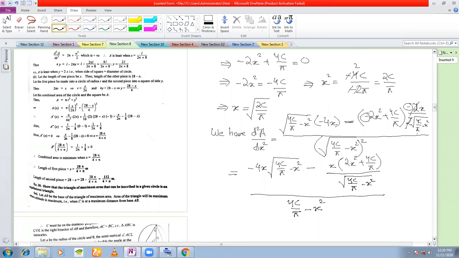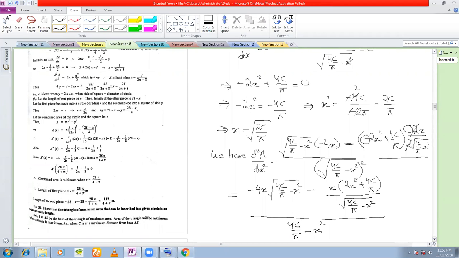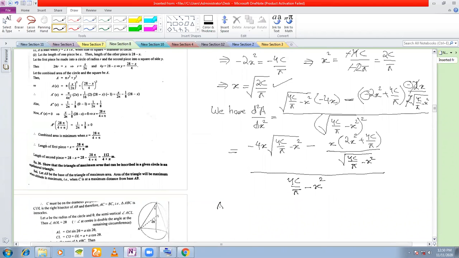Now see, we need to check the value of d2A/dx2 at x equal to root of 2c/pi, right? If you put it here, you don't in fact even need to put it. At x equal to root 2c/pi, just by observation, can you tell me whether the second derivative will be positive or negative?